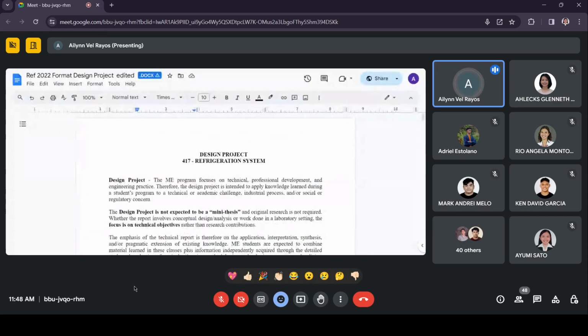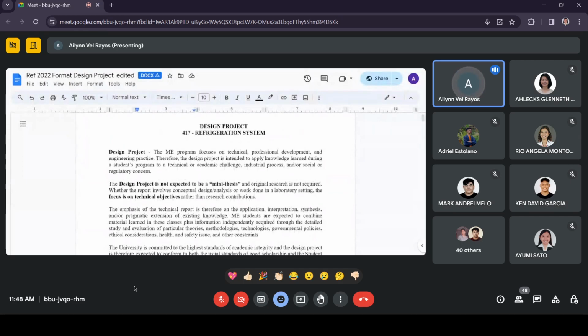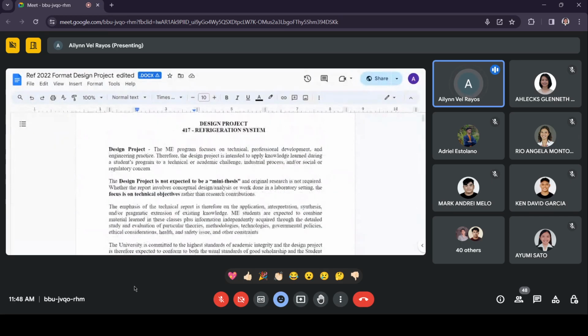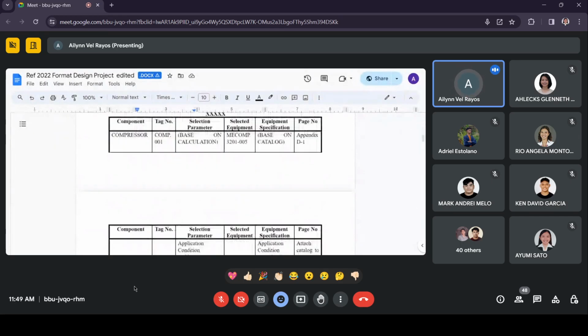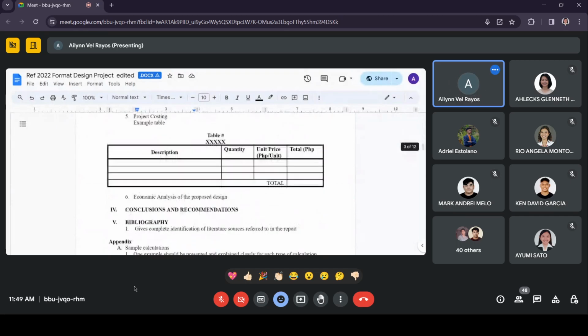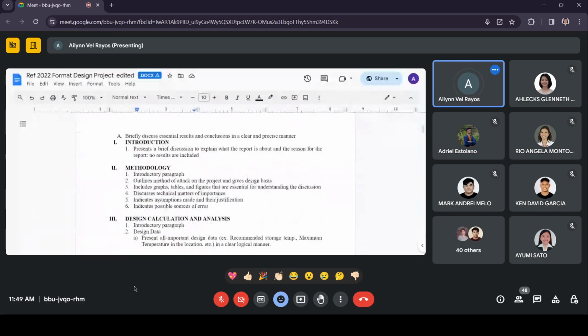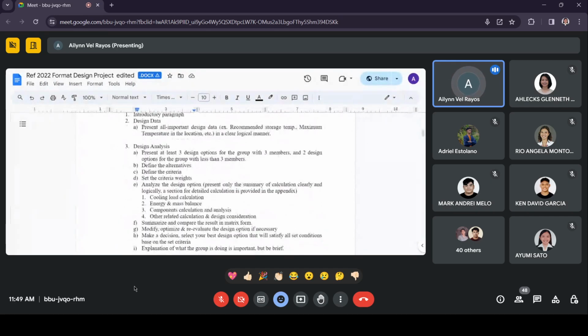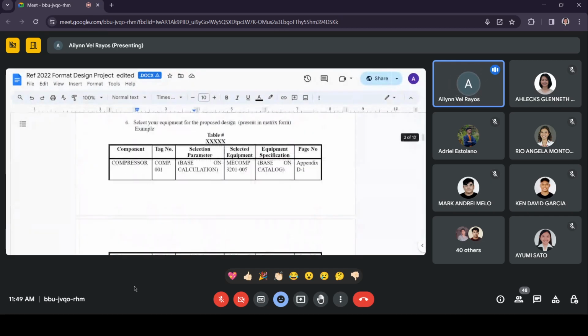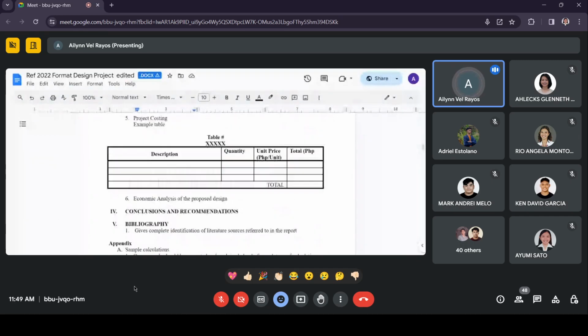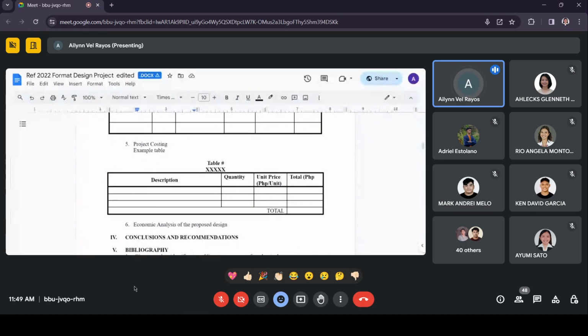So i-run through lang natin ito. For the design project, you can read all of the following contents para alam mo kung ano yung mga ilalagay mo dyan sa part na yan. Pero brief discussion lang natin are the specific components or parts. So we have the intro, the methodology, design calculation and analysis. You also have to provide tables and charts, and a project costing example table.